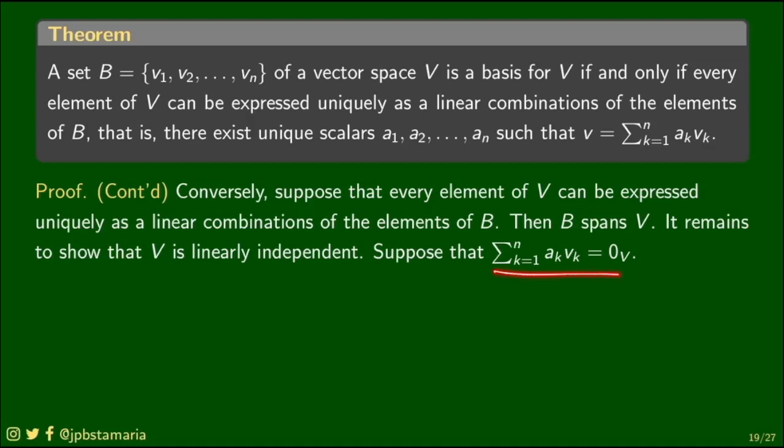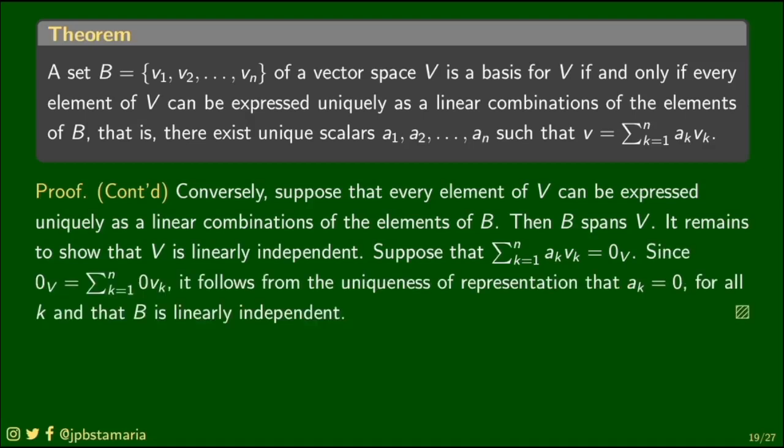We again write down this equation. We suppose that a1 v1 plus a2 v2 plus and so on, an vn equals 0. We have to show that each one of the ak's are zeros. But how can we make that possible?